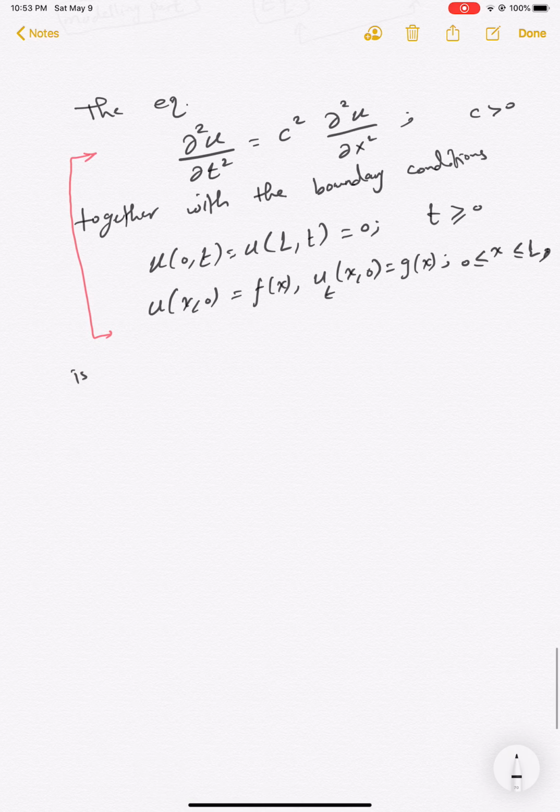All of them will be called the wave equation. So this is the wave equation.